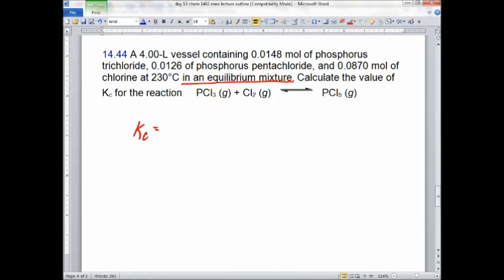So Kc, Becca, how are you going to write the Kc expression for that reaction? Remember, it was what over what in brackets?